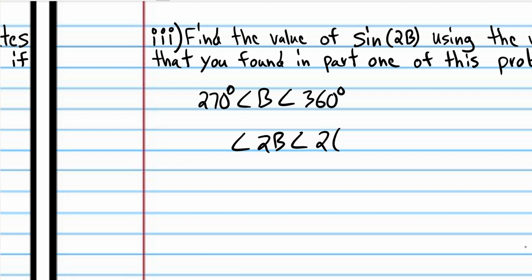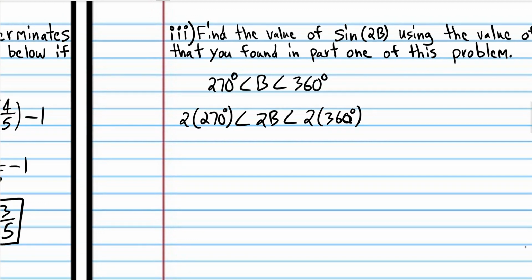So let's multiply everything by 2. Sorry, my pen is kind of malfunctioning a little bit there. So we know it's got to be between 540 degrees and 720 degrees.